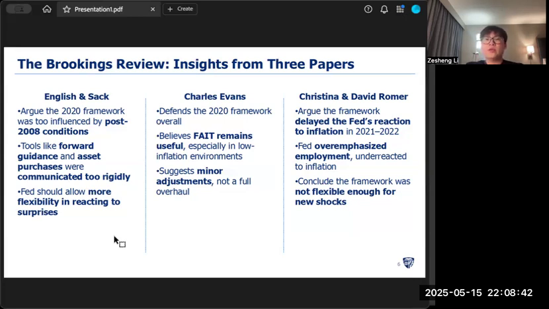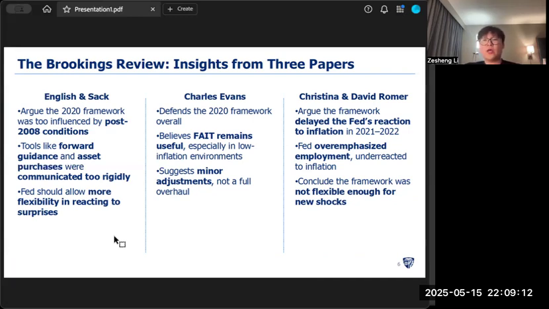So when inflation surged in 2021, the Fed's communication and tools lacked flexibility. The second paper by Charles Evans takes a more supportive view. It says the framework did its job, especially under low inflation conditions, and suggests that only small updates are needed to improve it.